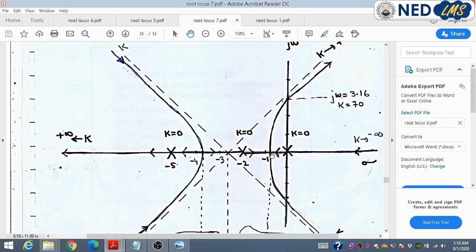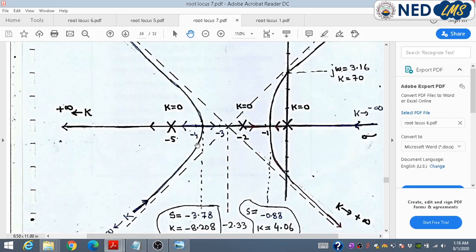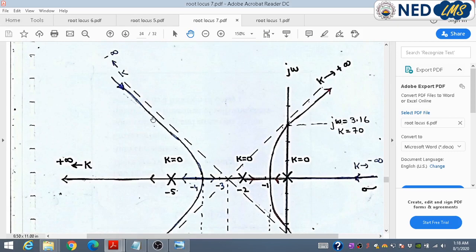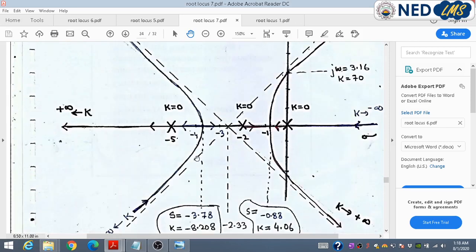One breakaway point is at minus 0.88, the other breakaway point is minus 3.78. So this branch comes from minus infinity, and the conjugate branch also comes in the complex plane, and both branches meet at minus 3.78.